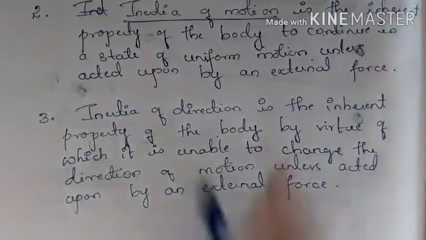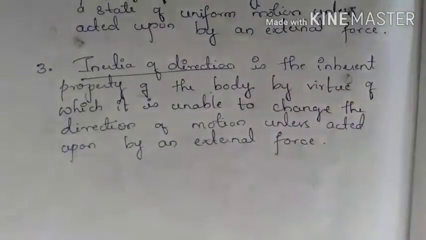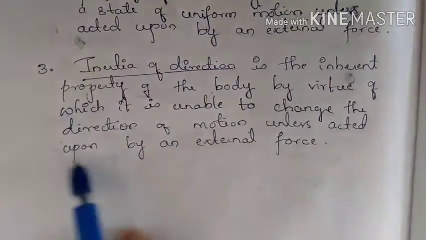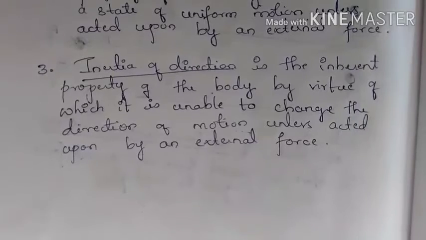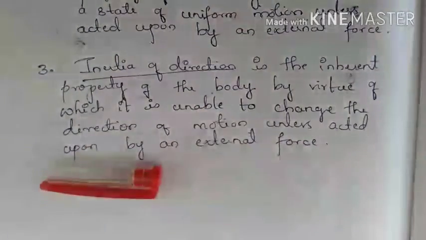So this is inertia of direction. It is again an inherent property of the body by which it is unable to change the direction of motion unless acted upon by an external force. Let's suppose we take the cap again for this example.